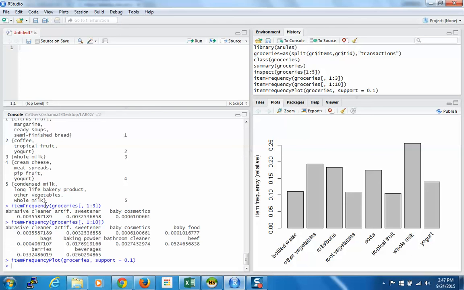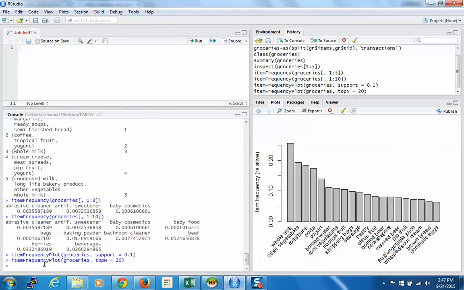Okay, so that was the way by which I can plot items which meet at least 10% minimum support. And then I can do the same thing in terms of ranking: give me the top 20 most frequent items. Once I do that, I find out that whole milk is the most frequent item, with a frequency of about 25%. It's there in 25% of the baskets. Then other vegetables, rolls and buns, soda, yogurt, and so on and so forth.